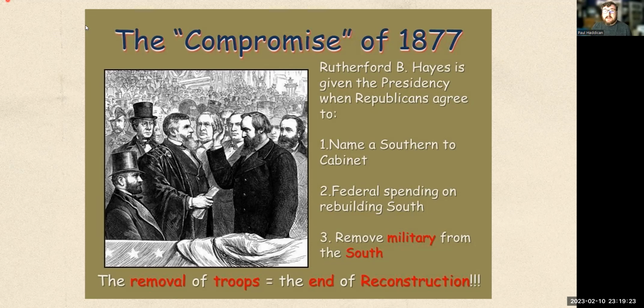We have a greater and greater divide between poor whites and freedmen who have more in common with each other than the poor whites do with the rich whites, but that gets muddied and confused and propagandized into being separated.